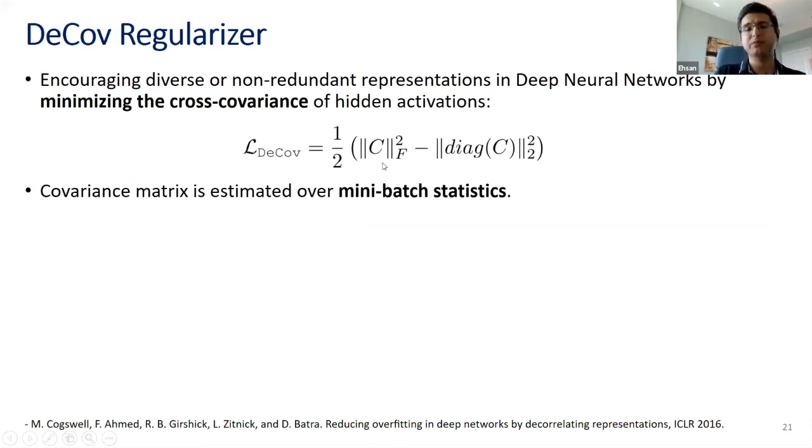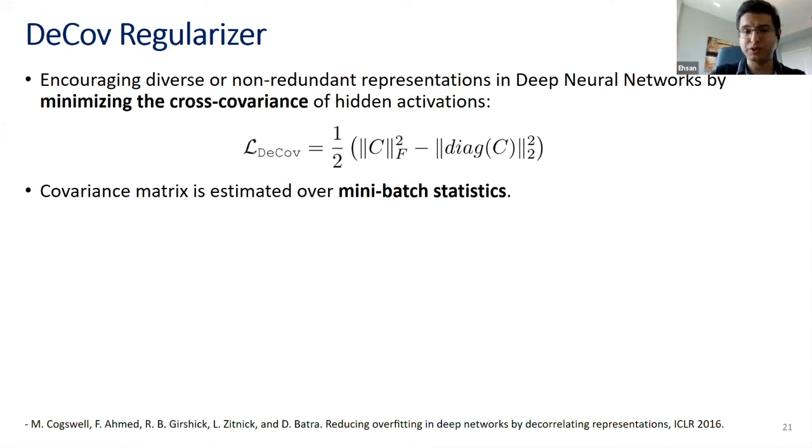So what's this equation? It says that we want to calculate the difference between the Frobenius norm of the covariance matrix and the Frobenius norm of its diagonal. By minimizing this, we actually try to remove the elements of the covariance matrix that are off-diagonal.